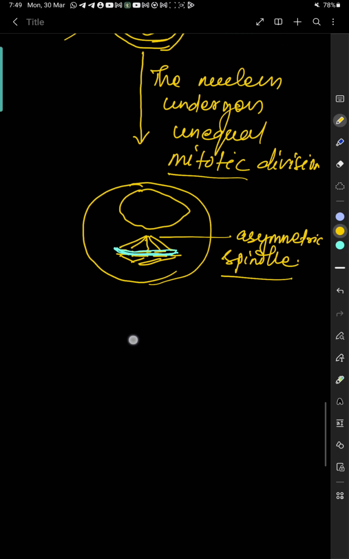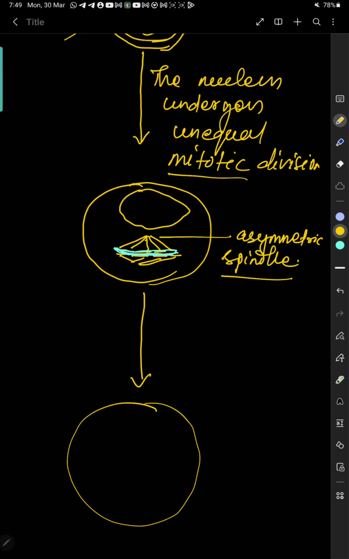Now this nucleus divides completely to form two cells, two nuclei, and as I have said, it divides into two nuclei, but the division is unequal. So one of the nuclei is larger in size and the other one is smaller in size.